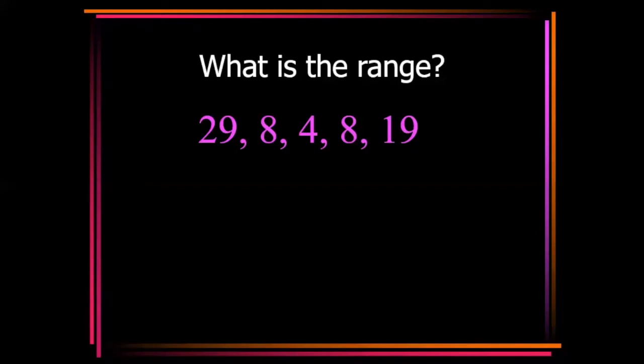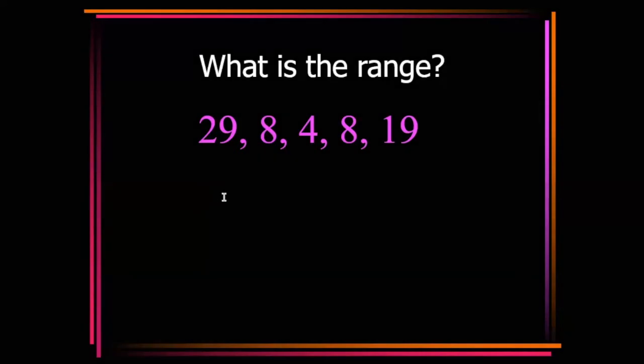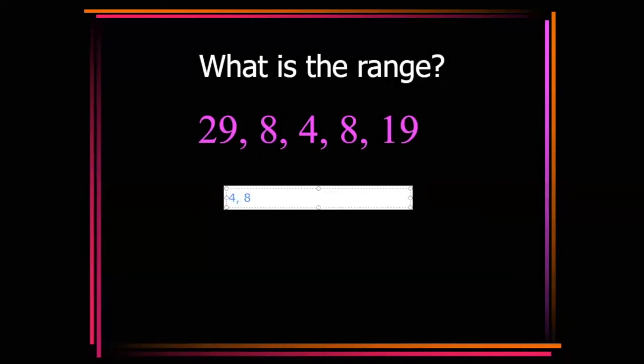If we were to order our numbers from least to greatest, we would have had 4, 8, 8, 19, and 29. Therefore, we would have said 29 subtract 4 equals 25.